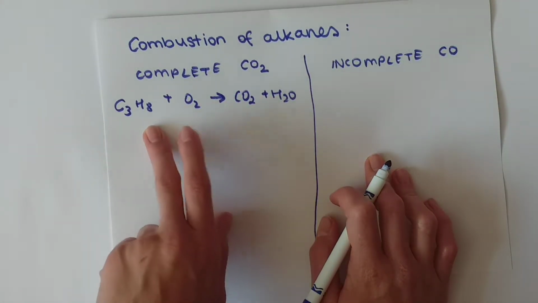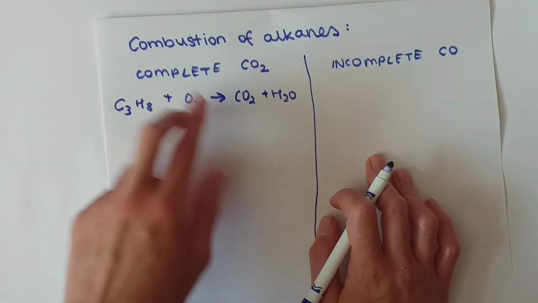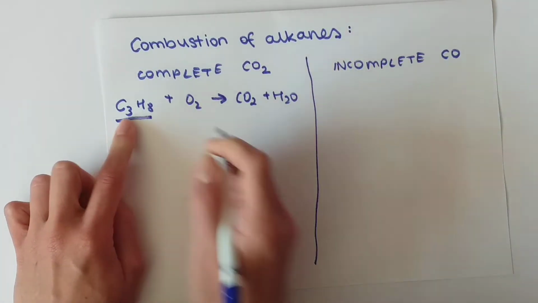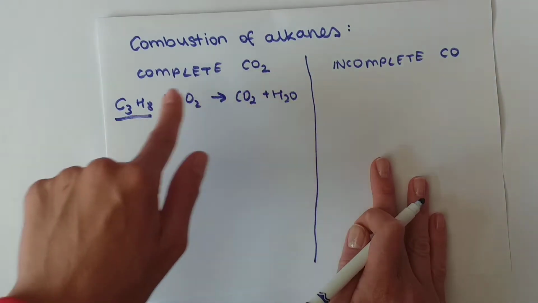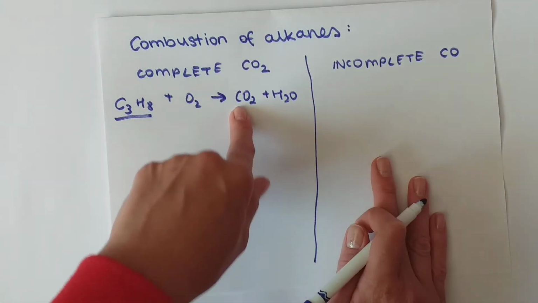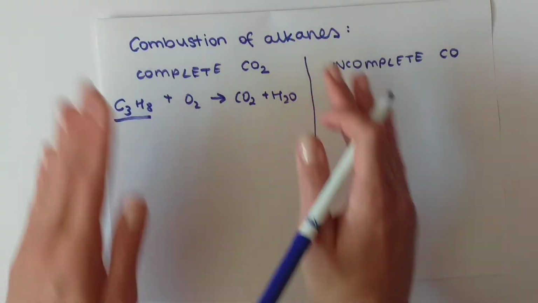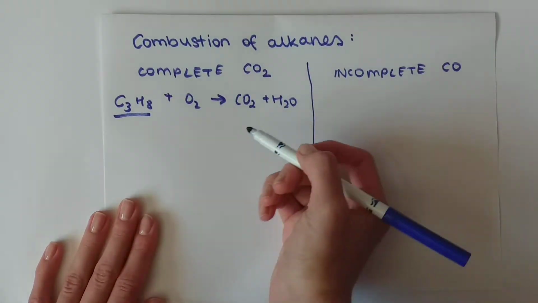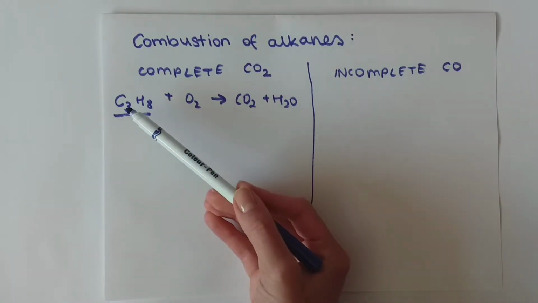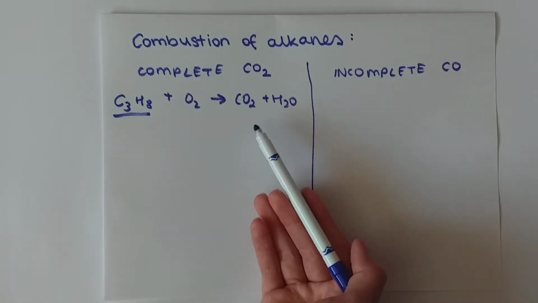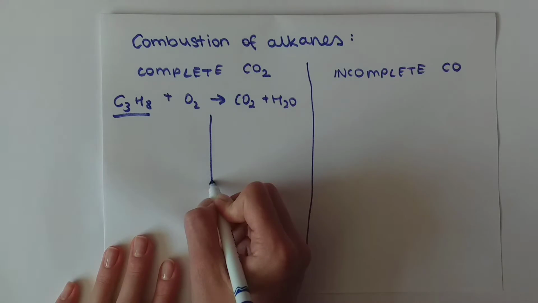This equation always looks the same apart from the alkane we're using. The alkane will change, oxygen will always be there, and carbon dioxide and water are formed, if we're speaking about complete combustion. Now, as you can probably see, we have 3 carbons on the left-hand side and 1 carbon on the right-hand side. So the next thing we have to do is balance the equation.